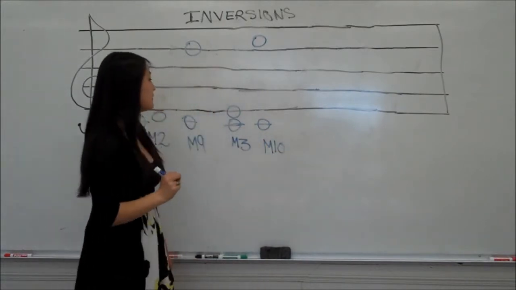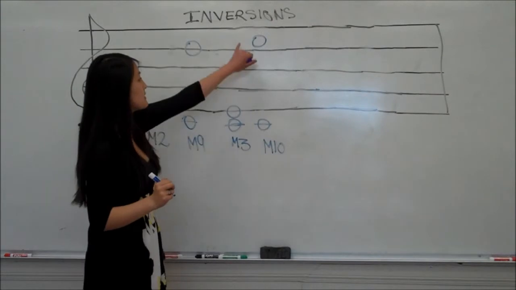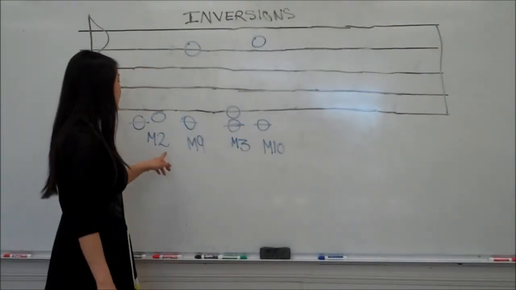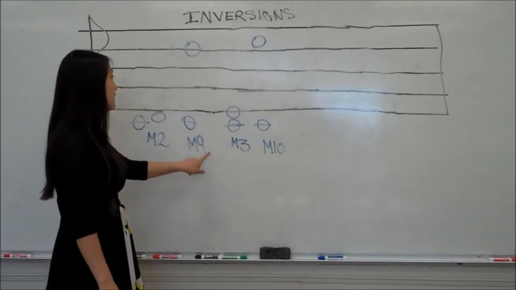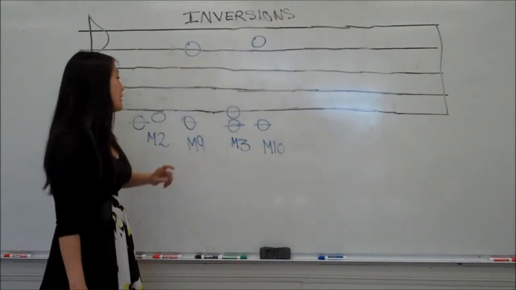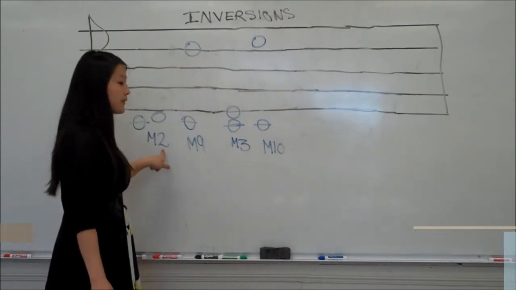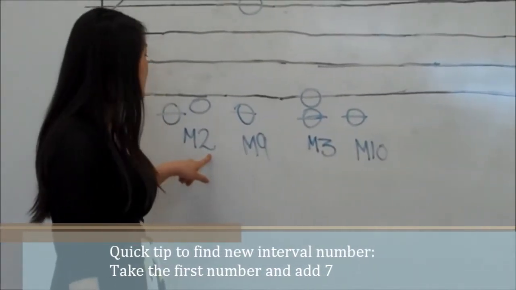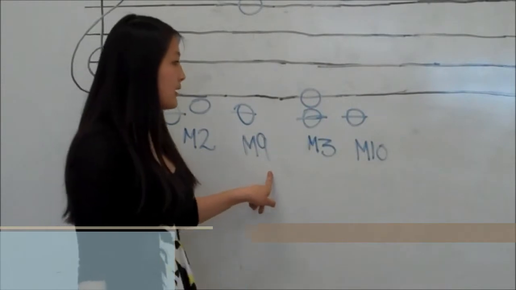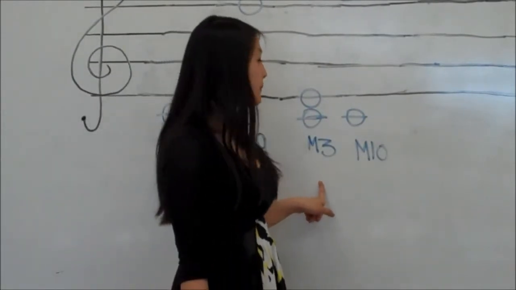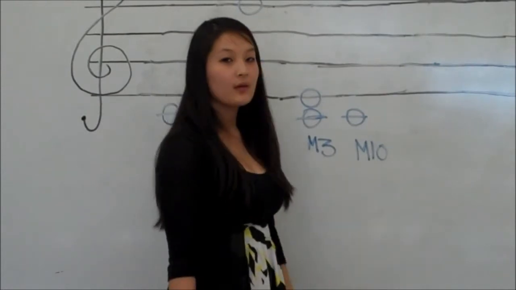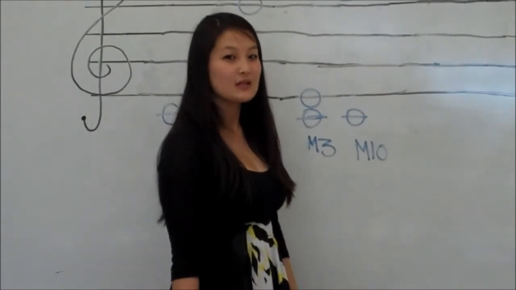And once again, we still know it's major because an E is in the key of C. A quick tip on figuring out how the numbers change instead of counting up every single note is you take the first number, which here is a 2, and you add 7. So 7 plus 2 is 9. And same goes for this one. 3 plus 7 is 10, figuring out what your inversion number is.